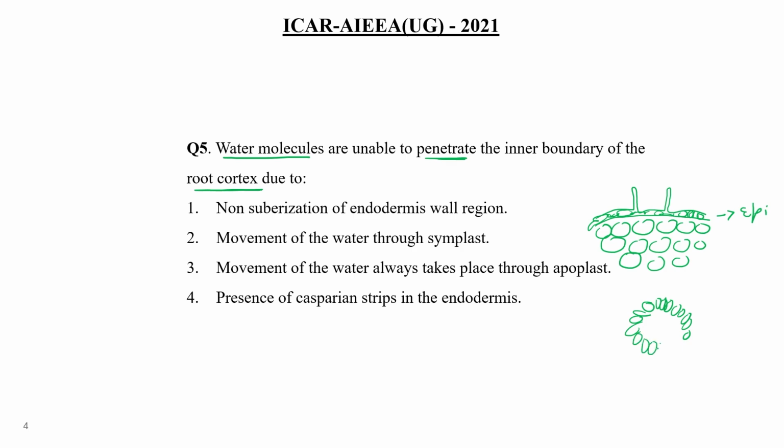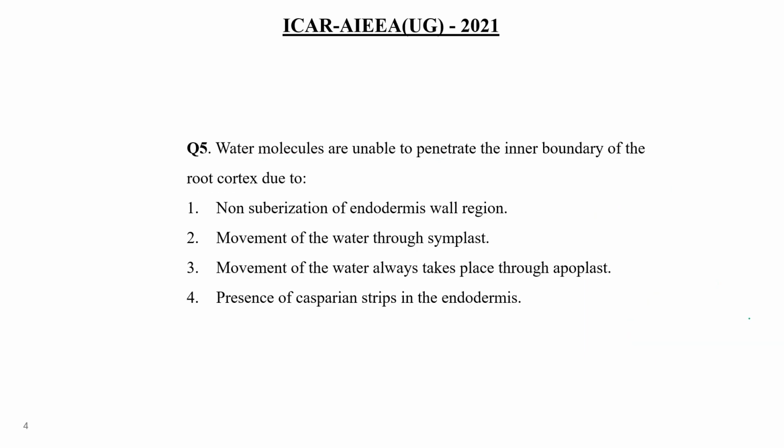This is known as endodermis. This is the innermost part of the cortex, known as endodermis, and this endodermis contains Casparian strip. That's why water molecules are unable to penetrate the inner boundary of root cortex, meaning endodermis.